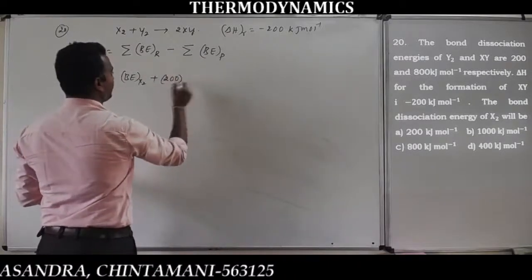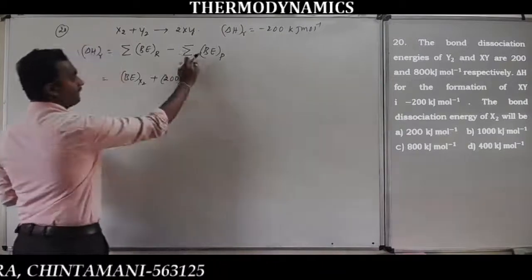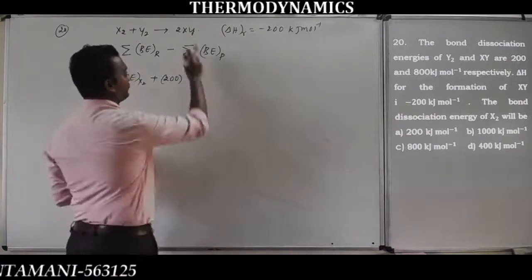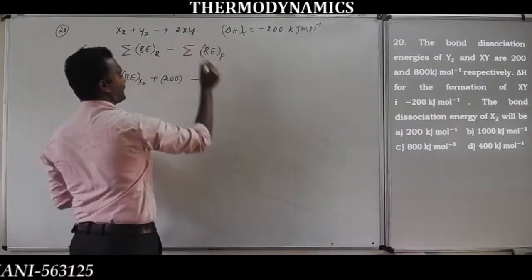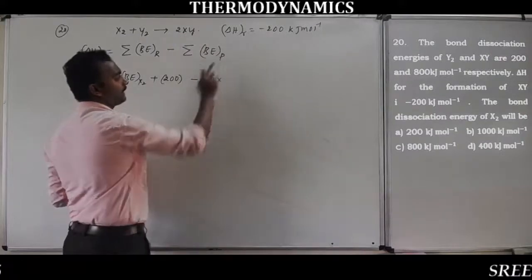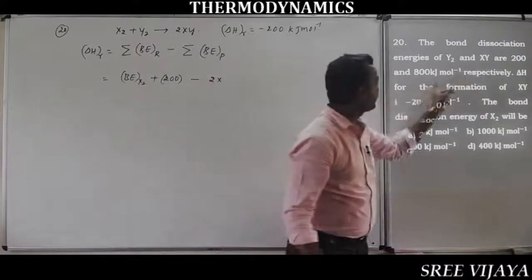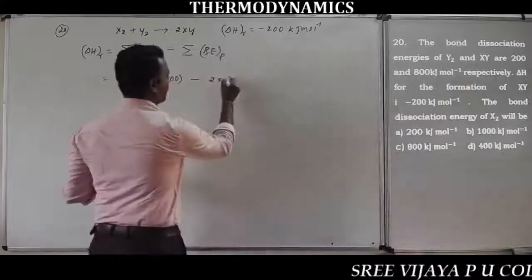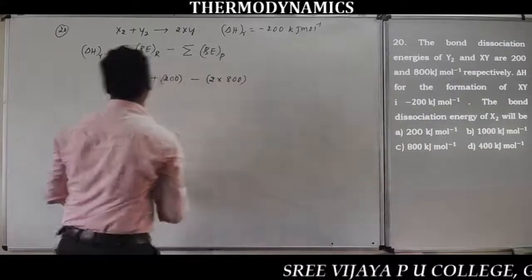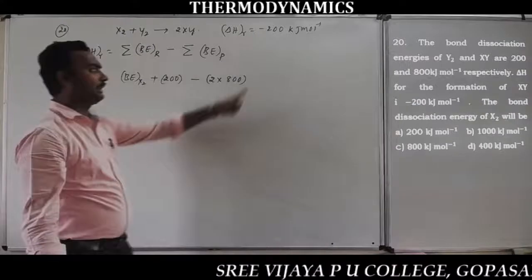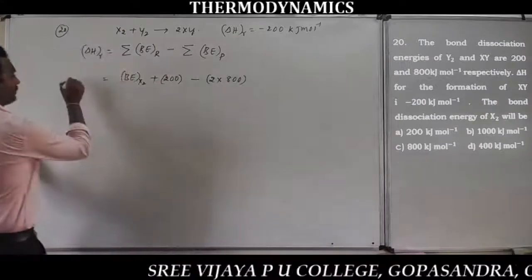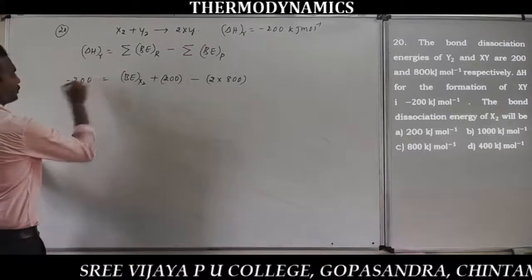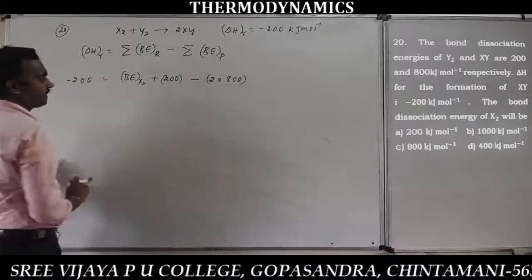So minus summation of bond enthalpy of product. The product is XY, and it is 2 into bond enthalpy of XY. Bond enthalpy of product XY is 800 kilojoule per mole. So delta H of reaction that is minus 200 kilojoule per mole. So what you have to calculate is bond energy of X2.